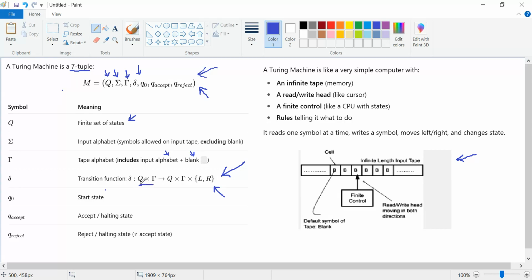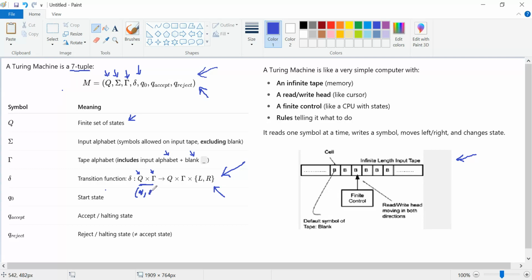What this means is Q cross the tape alphabet. If you know the cross product, the result of a cross product is always an ordered pair. So when you say Q cross tape alphabet, it's an ordered pair of the form Q comma any of the symbols of the tape.